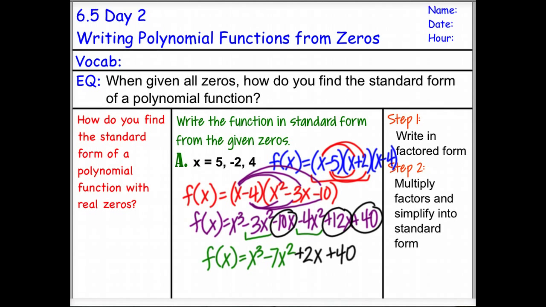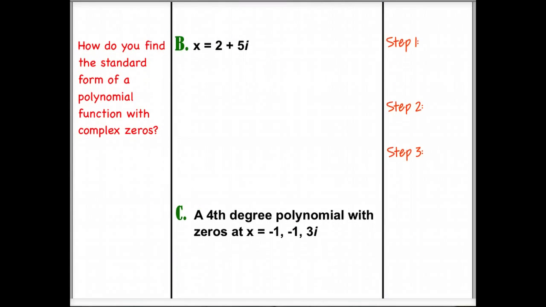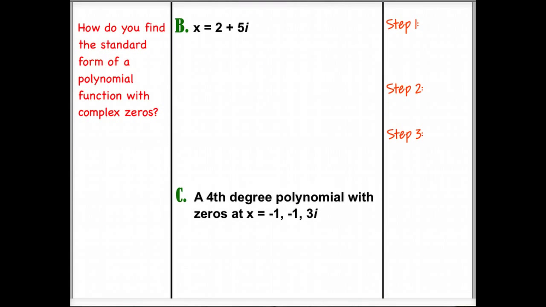Now, the question is, what happens if you got something like this? We have this x equals 2 plus 5i. One thing we learned when we were going through complex numbers is that we have this complex conjugate. So if 2 plus 5i is one of our zeros, 2 minus 5i is also one of our zeros.